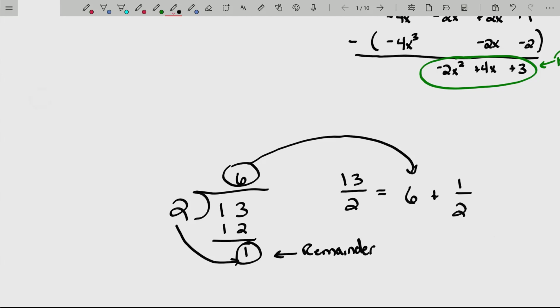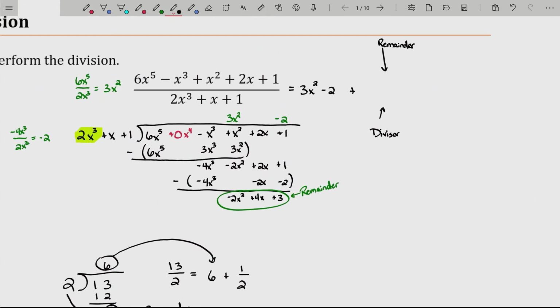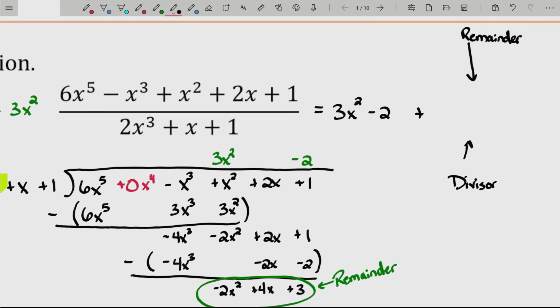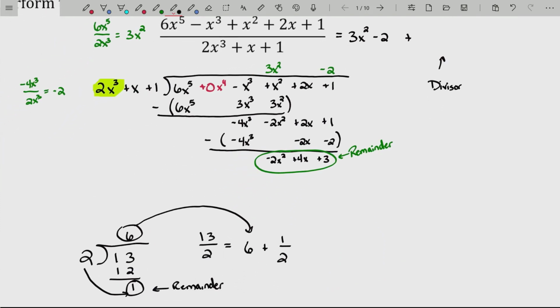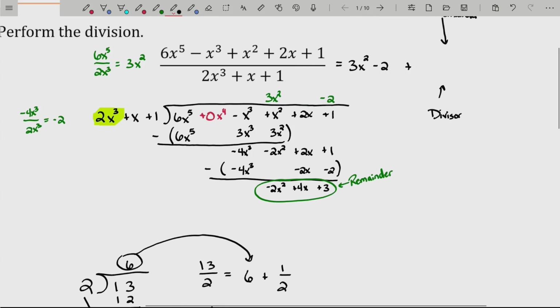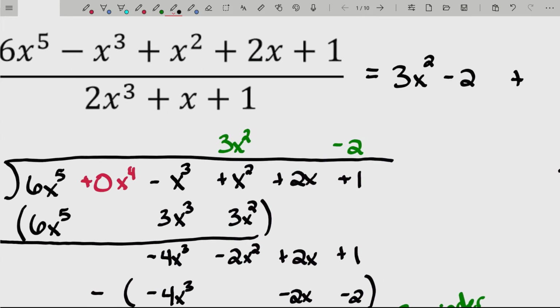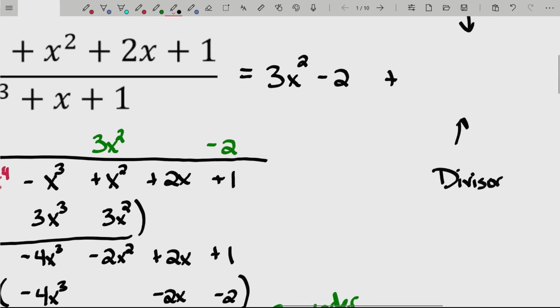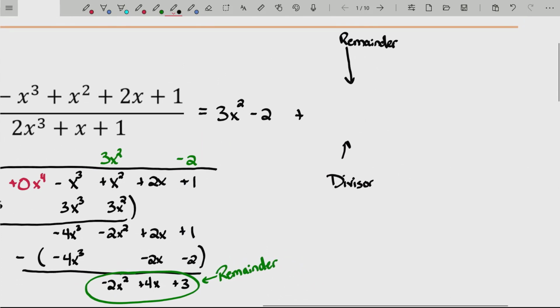So when you do this with polynomials, just like the 6 ended up being this kind of whole number out front, which is what we call the quotient, the 3x squared minus 2 ends up being that whole number, if you will, out front, again called the quotient, plus the remainder, which we've found out is a negative 2x squared plus 4x plus 3 over the original divisor.